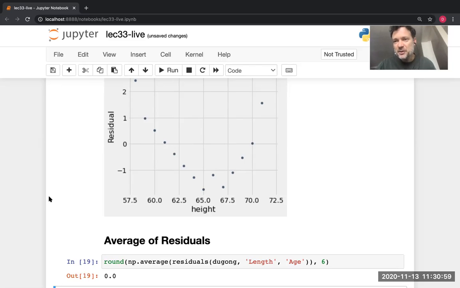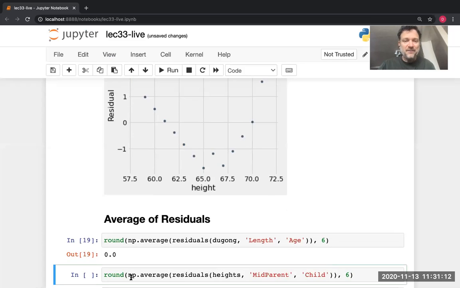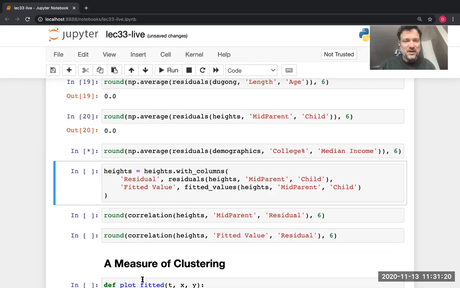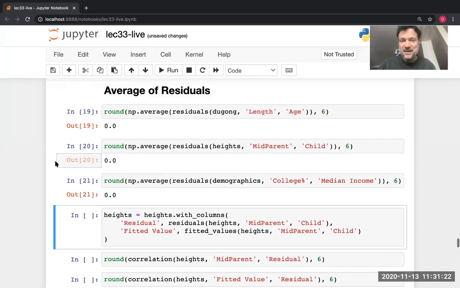Remember, I said that some residuals could be positive, some could be negative. And if you compute the average of all the residuals for all the data points for the Dugong data set, it turns out that that's 0. And if you compute the average of the residuals for the Heights data set, they're all 0. And if you compute the residuals of all the predictions for the demographics data set, they're all 0.